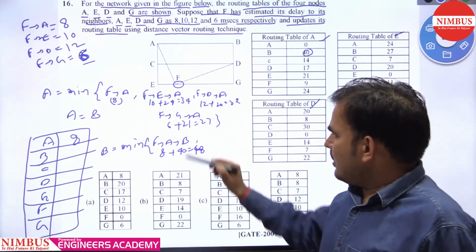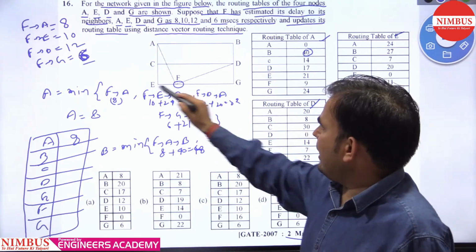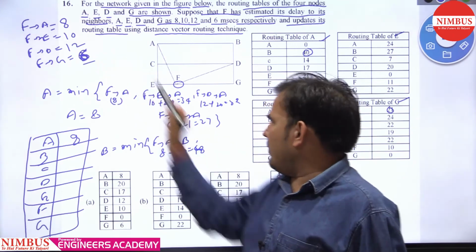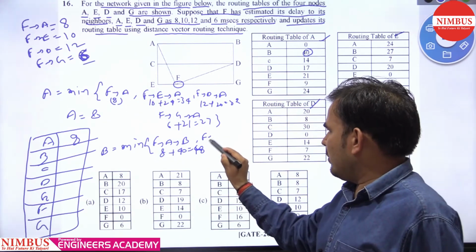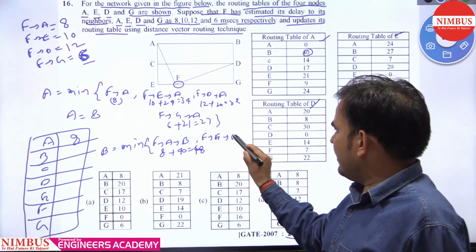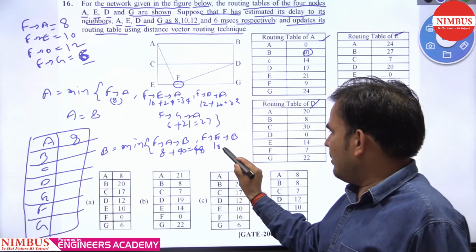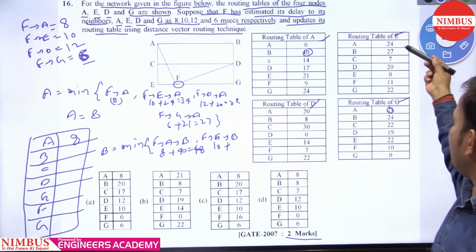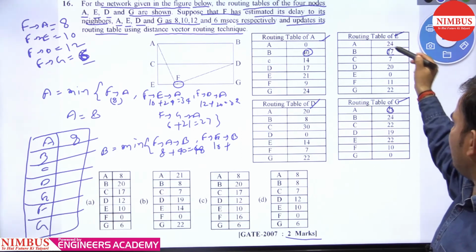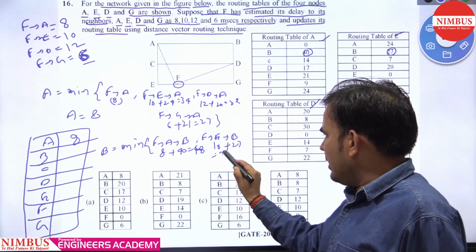In a similar way, F to E is estimated as 10, then you can go E to B. Plus E to B in the routing table of E, which is 27, so the total is 37.